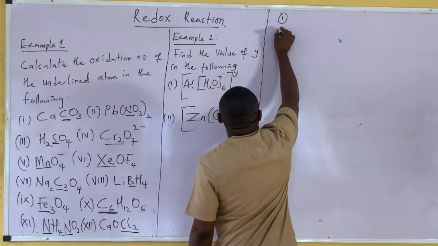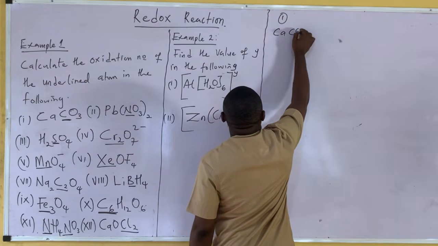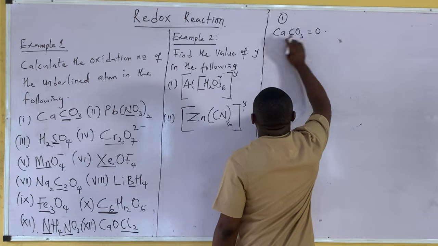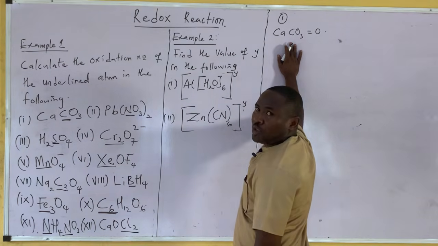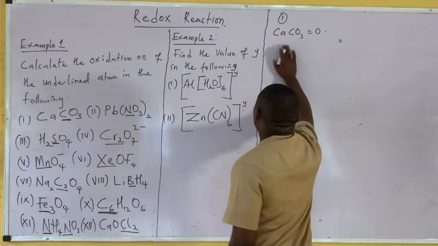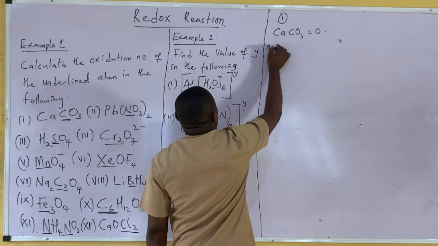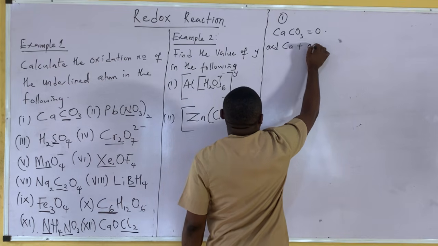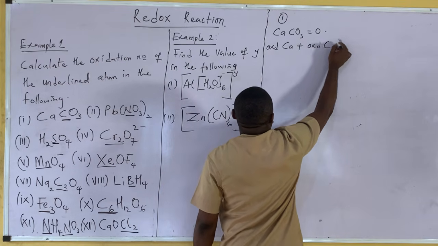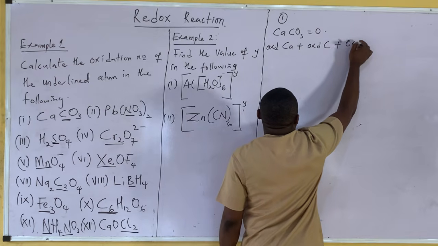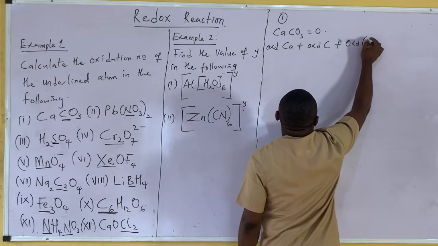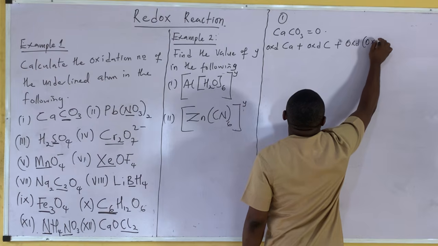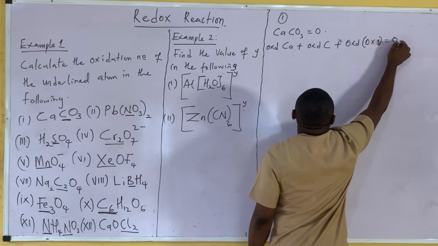So I know that CaCO3 equals 0. The oxidation number of this compound equals 0. That's one of the rules. So it means that the oxidation number of calcium plus the oxidation number of carbon plus the oxidation number of oxygen times 3 equals 0.